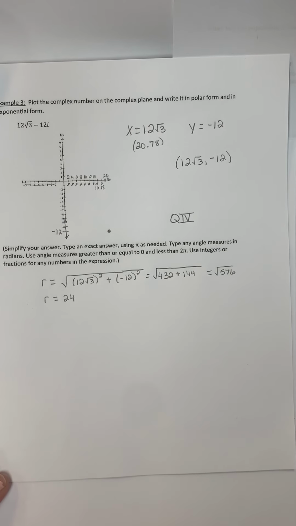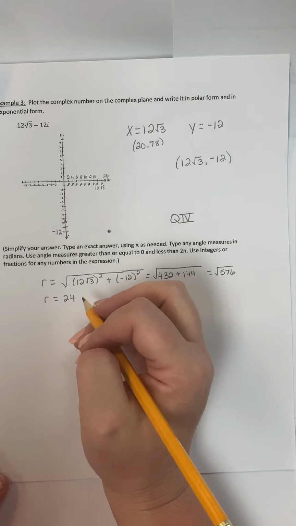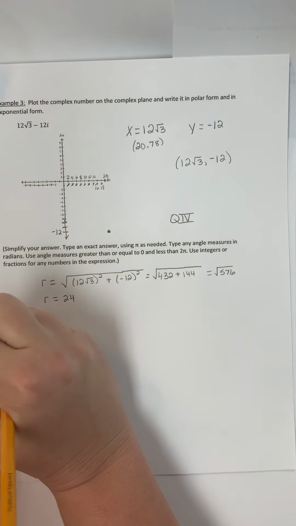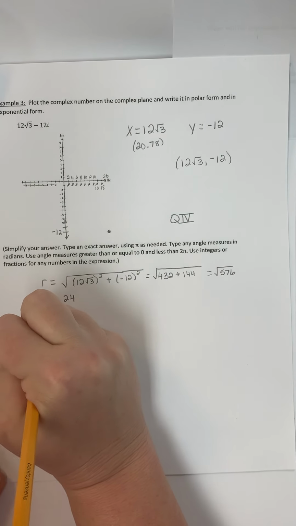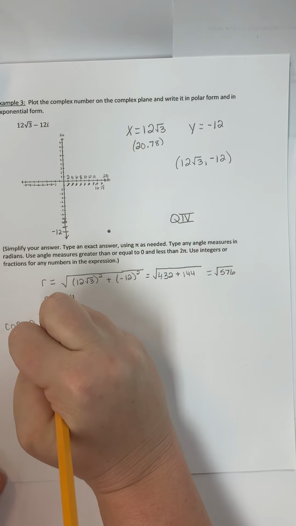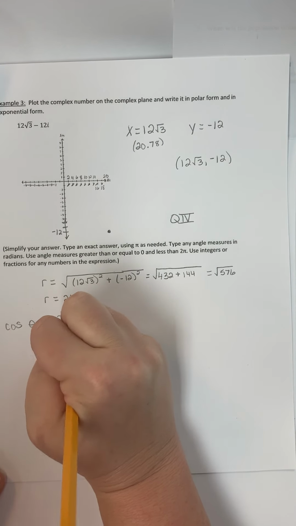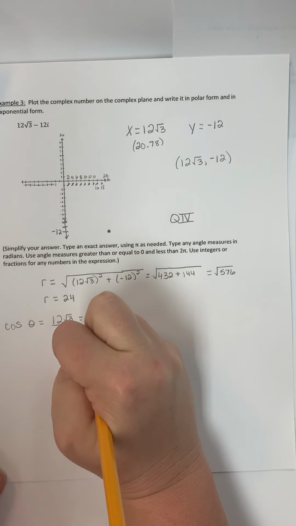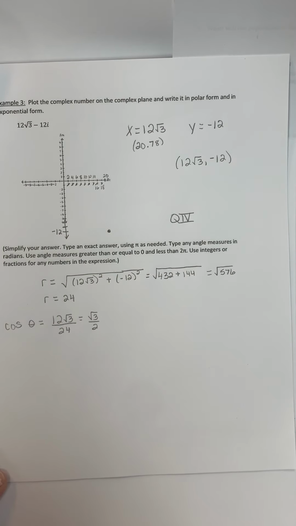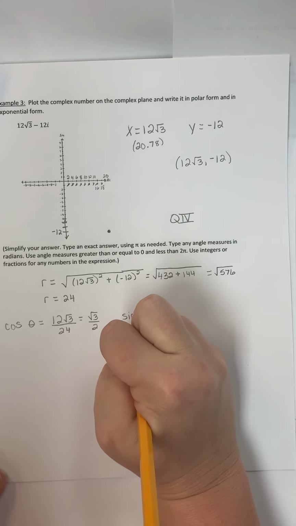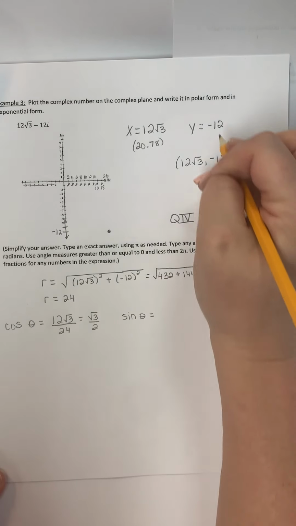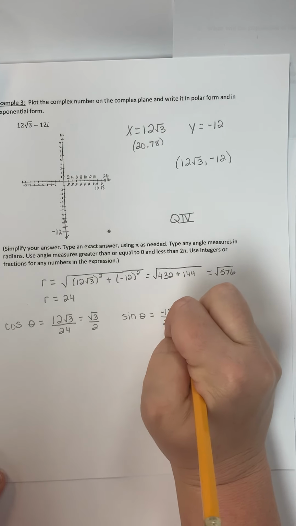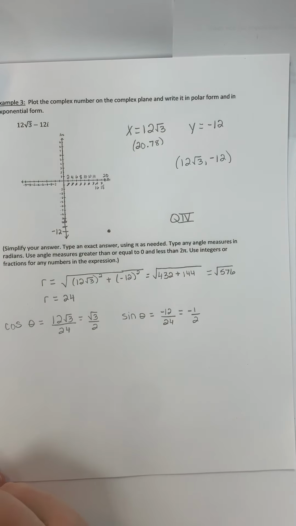All right, so now I'm going to find my theta. So I'm going to say cosine of theta is x over r. Okay, if I clean that up, that is root of 3 over 2. I'm going to say sine of theta is y over r. Clean that up, it's negative 1/2.